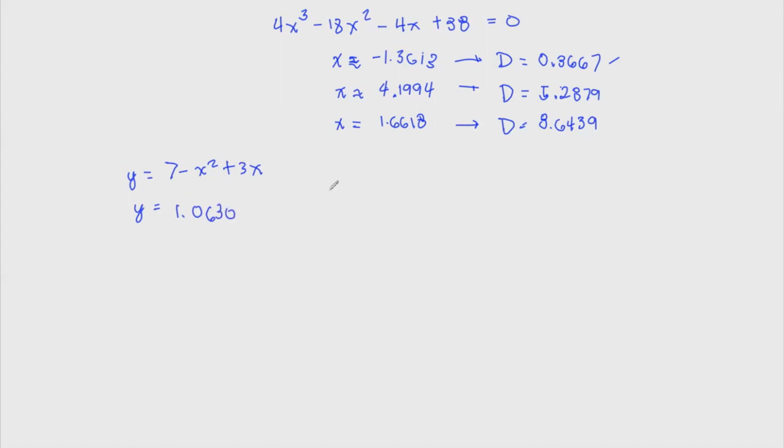So you can just write for the answer that the nearest point from negative 1, 1 to the parabola is this x and y. So that's negative 1.3613, 1.0630. Okay, so that's the answer.